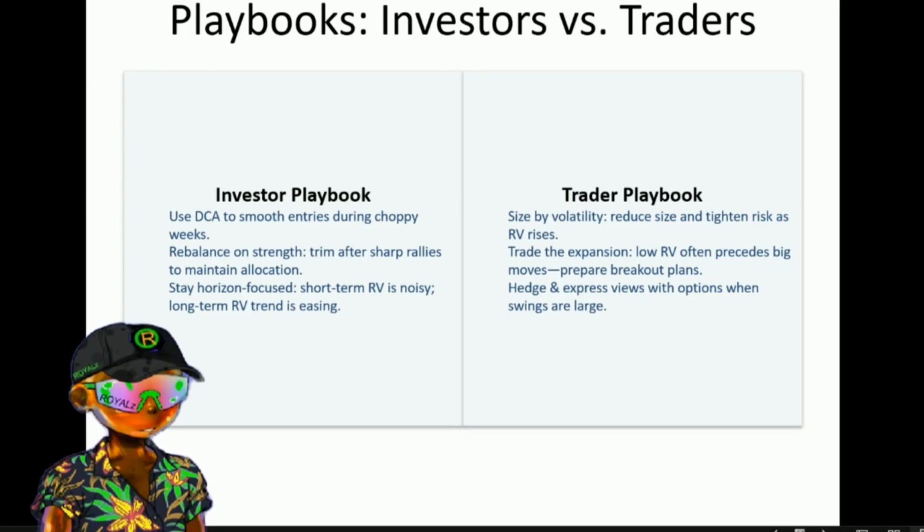Now, for my traders out there, okay, look, size by the volatility. Volatility did increase recently, okay? So you may have to reduce that size and tighten up your risk as the relative volatility has risen, right, around this new 100,000 mark. So if you have low relative volatility, the expansion often precedes big moves.